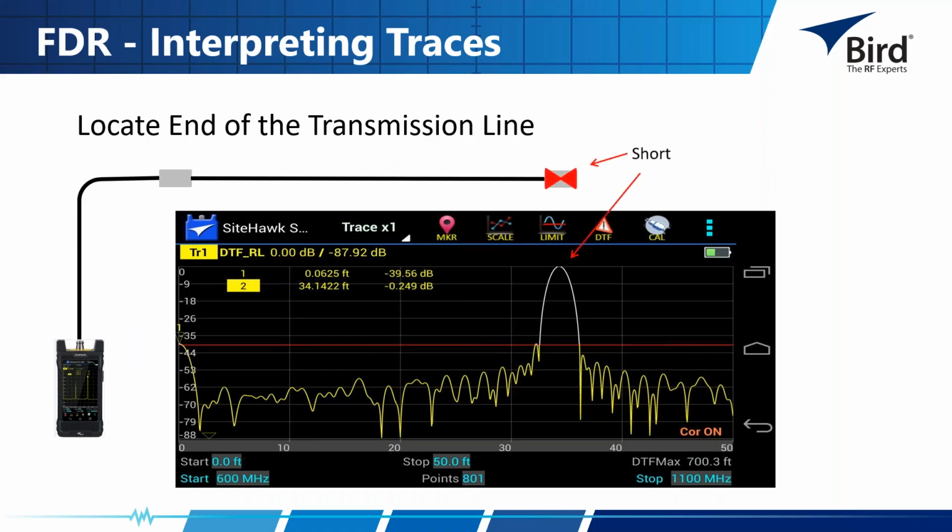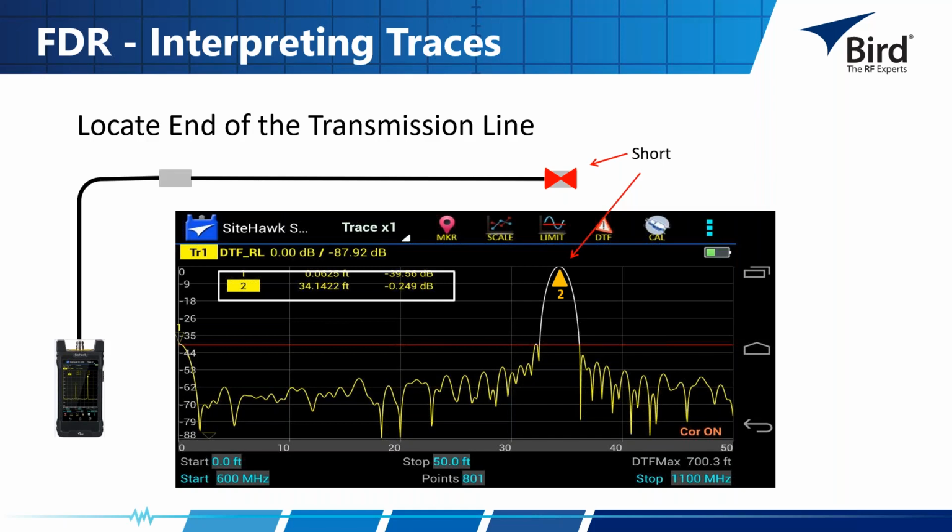But if you open up one of the connectors and put a short or an open out there, you're going to get full reflection. And now marker 2 shows us at 34 feet, I'm at about 0 dB. And as I mentioned previously, anytime you have a short or an open on the line, it's going to be pretty much 0 dB.